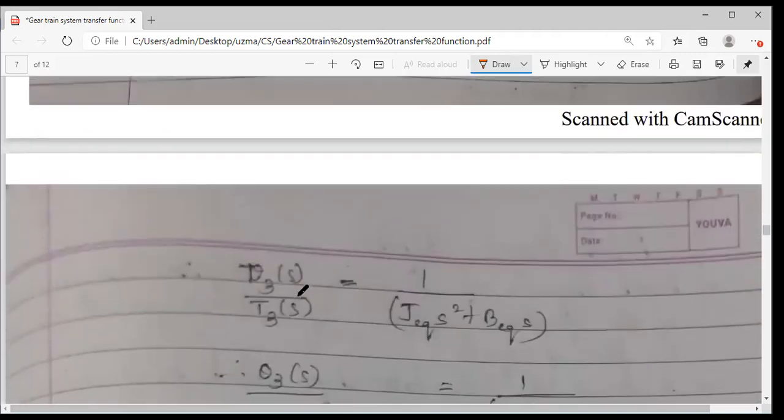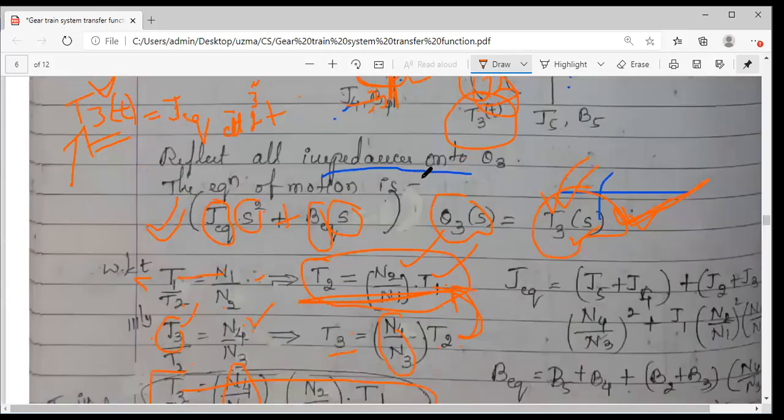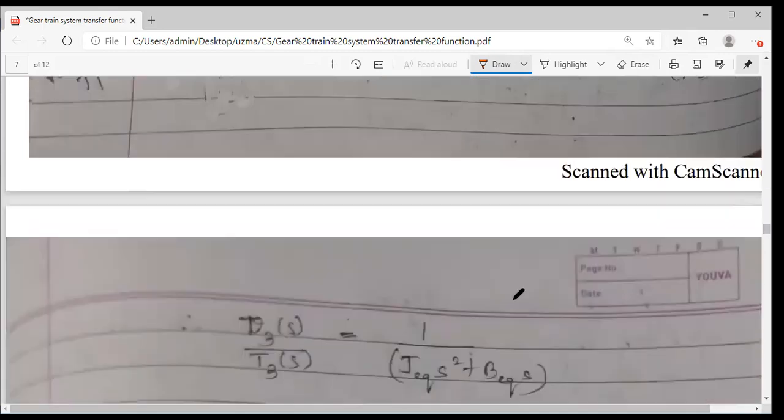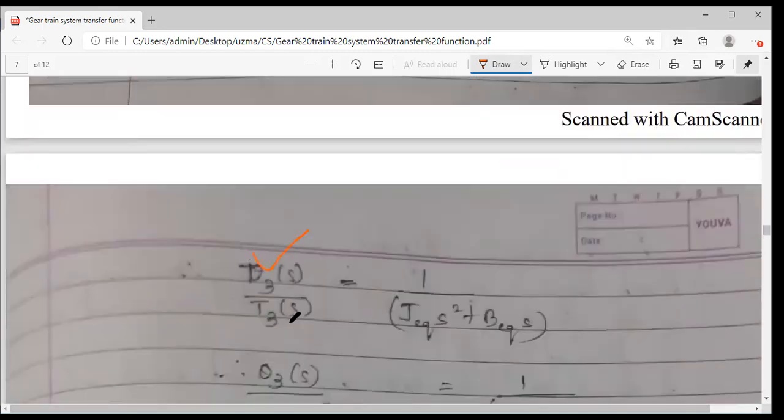What I have taken from this equation, before solving, before substituting, is the ratio of theta by T3. So theta by T3 means take T3 to this side and take this term to the RHS. I have just rearranged the terms. Theta 3 by T3 is equal to 1 by this.